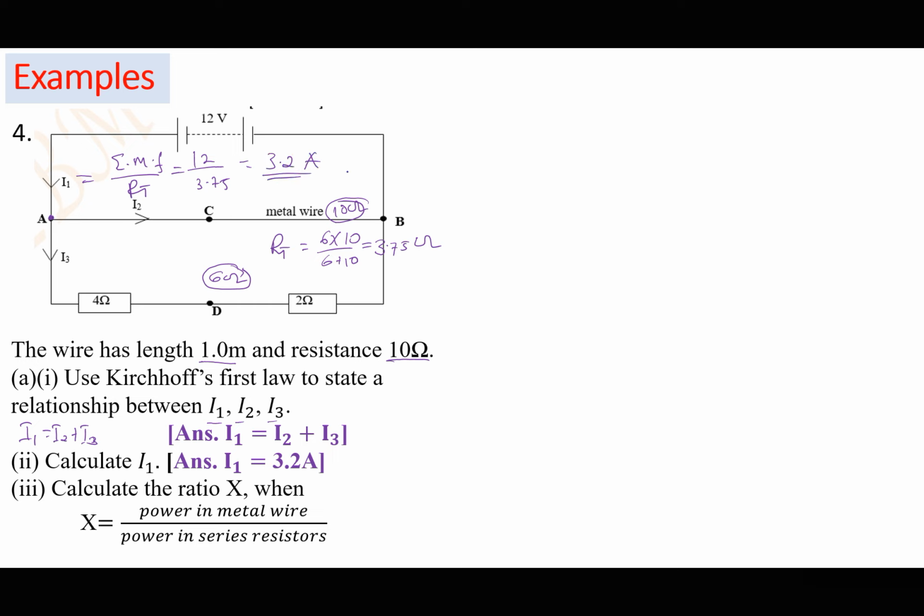So that one is direct. So these ones are easy. Calculate the ratio X, where X is the power in the metal wire over power in a series resistance. X is the ratio of the power in the metal wire over the power in this series resistance.